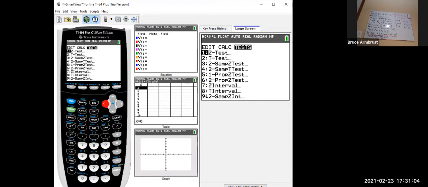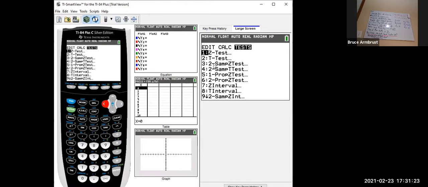All right, so looking at this list, I bet you can guess which one we're going to do. We're doing a Z test because we've got standard deviations, but I'm not going to do the Z test.